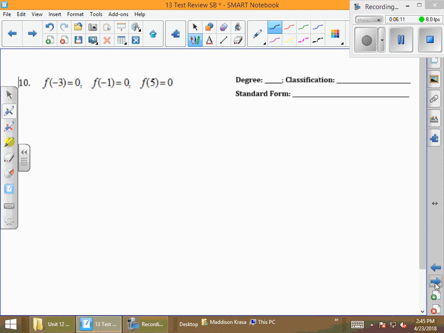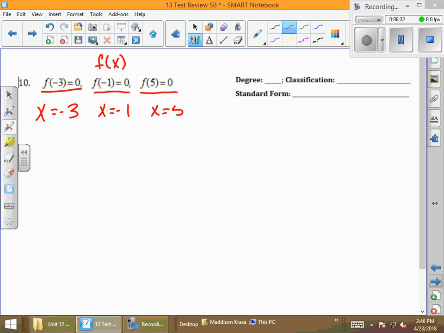Now, if we go to number 10, we have 3 roots here. When we have f of -3, remember when we learned function notation, that's f of x. So -3 is literally replacing x. So we're saying x is -3. Here we're saying x equals -1.